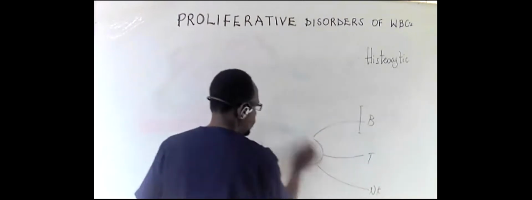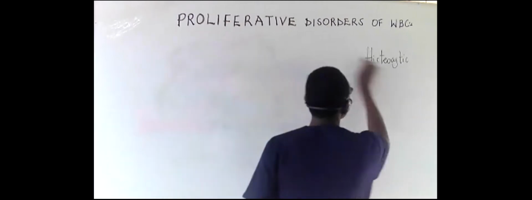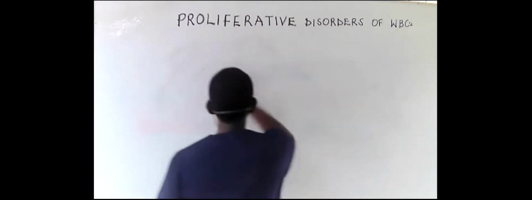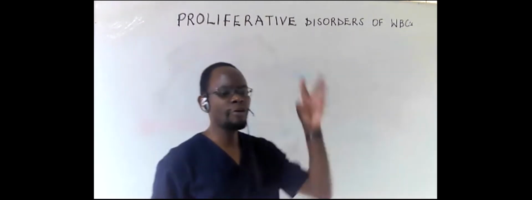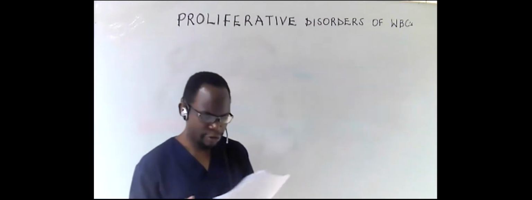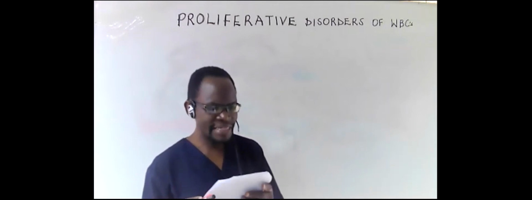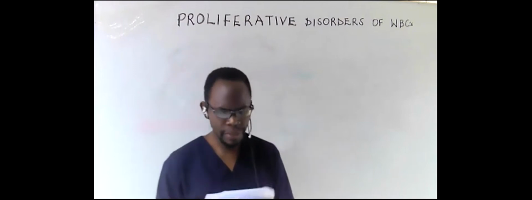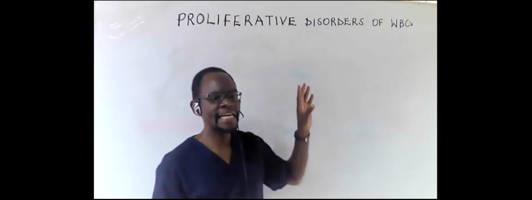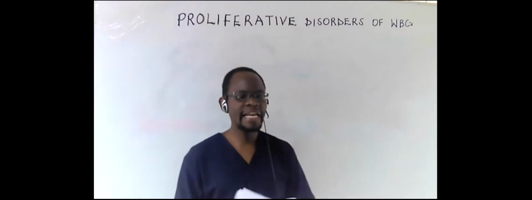lymphomas. Remember, we talked about them briefly, and we said it's like butter. They end up forming masses. The cells clamp each other, and they end up forming masses. So lymphomas are basically cohesive tumors of the immune system. And they are divided into two.